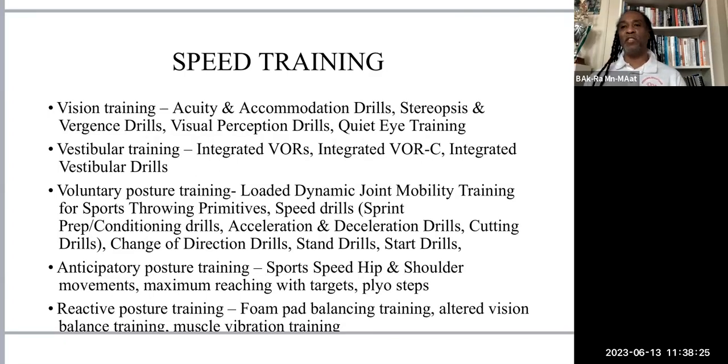These are some of the tools we would use. Loaded dynamic joint mobility training for sports. Throwing primitives, right? Those are getting into the positions, and loading those positions, that you would do when you're throwing an object in sport.